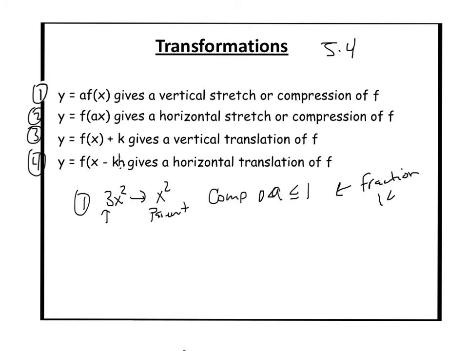So what's difficult with parabolas is to see what's happening in the graph. Because if I was to draw a generic equation for x squared, it would look like that. So x squared's in red. And 3x squared, we'll go ahead and put it in blue. And what it's going to look like is this.